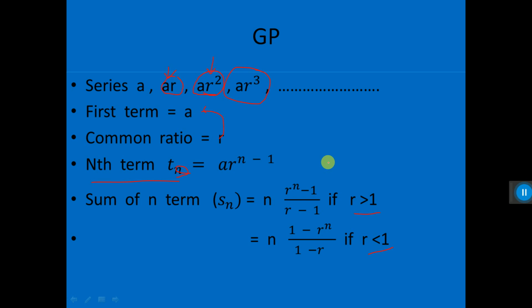So what I told, geometric progression is a series like this: a, ar, ar square, ar cube, and so on, where a is the first term, r is the common ratio, and the nth term formula Tn is equal to a into r to the power n minus 1, and the sum of n terms Sn is equal to a into r to the power n minus 1 by r minus 1 if r is greater than 1, and a into 1 minus r to the power n by 1 minus r if r is less than 1.